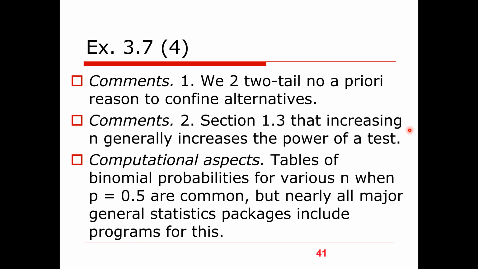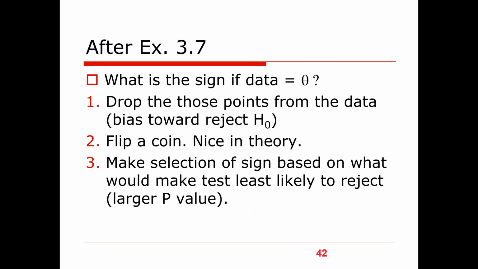So what is the sign if data equals theta? We drop those points from the data, because keeping them gives a bias towards rejecting the null. If we drop them, we reject more likely because we get more extreme than our data actually is. There is some theory that we could just flip a coin and make that our data, which is theoretically correct.